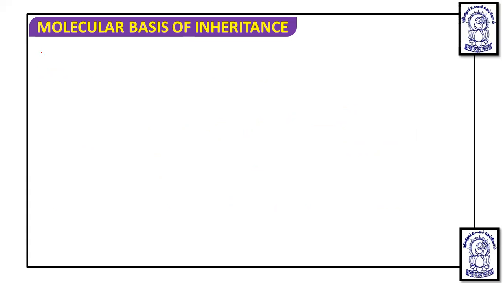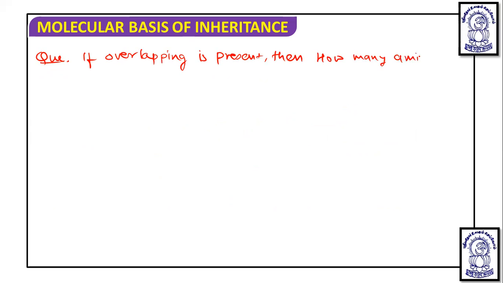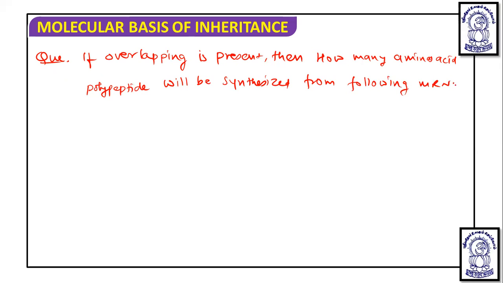If suppose I give a sequence and say that overlapping is present, then how many amino acids will the polypeptide synthesized from the following mRNA have? Suppose the mRNA sequence is CUC, CCUACG, CAU, AAC, GGG, and so on.